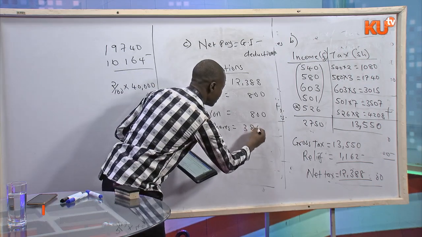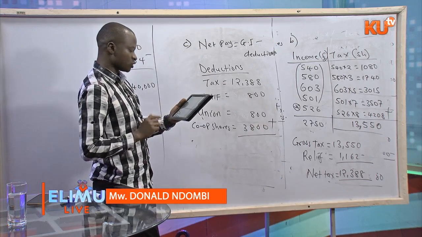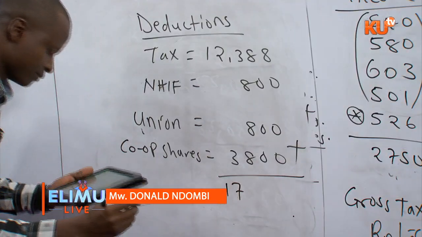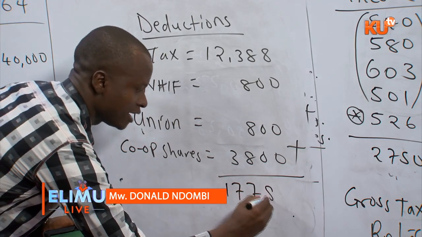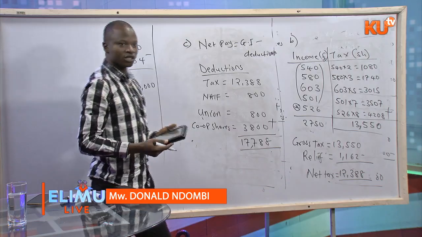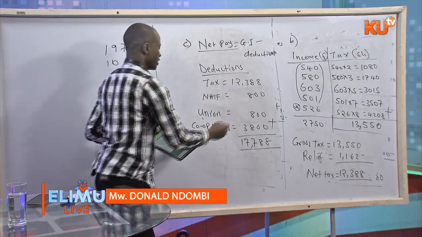3,800. 3,800. Now add all this, then your total deductions will come to 17,788. These are deductions, but the question does not ask you to look for deductions, but we are finding his net pay.